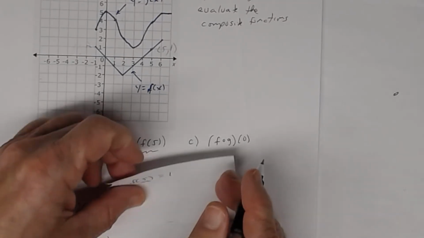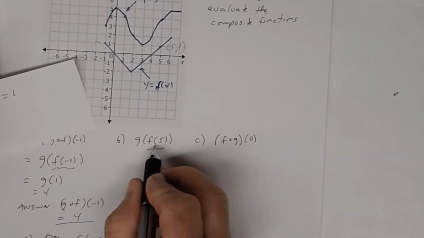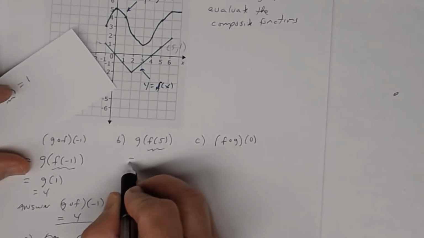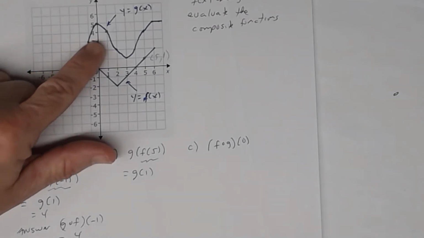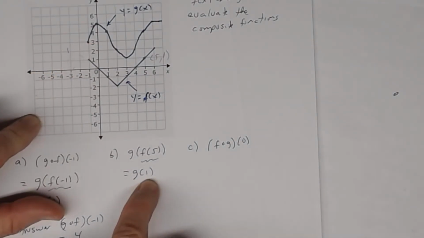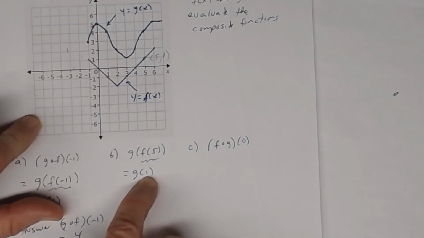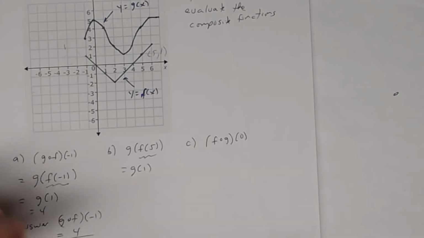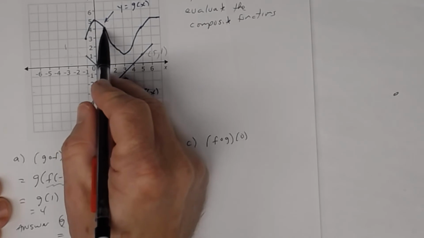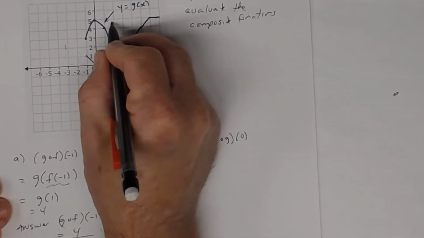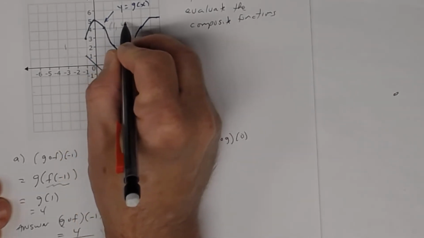Okay, so now since I found f of 5, this right here is 1, right? So that becomes g of 1. Now I've got to go to my function g. And where we see the x value, I've got to find out what the y value is. So when x is 1, here's where x is 1, right? Right here, x is 1. The point corresponding to that is right here, and that is 1, 4.